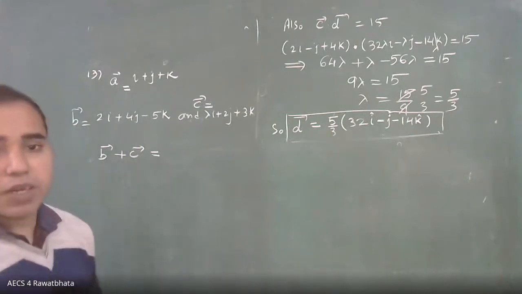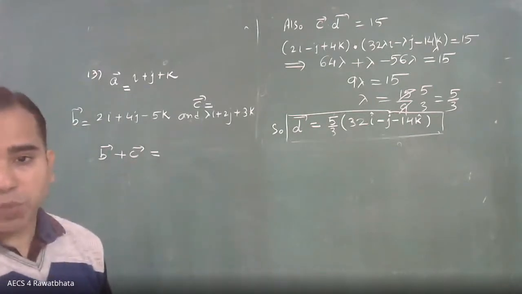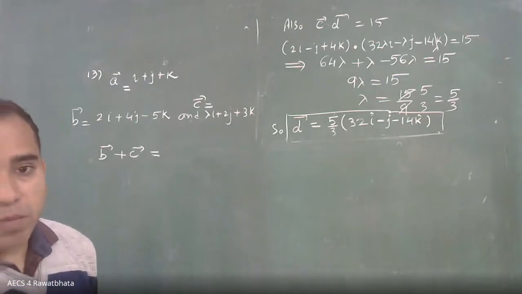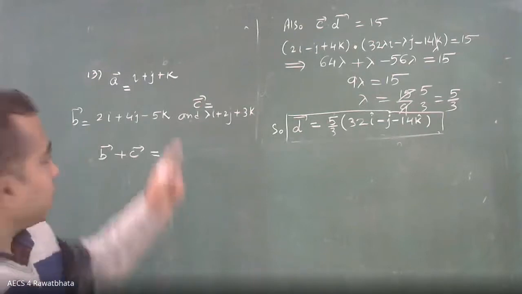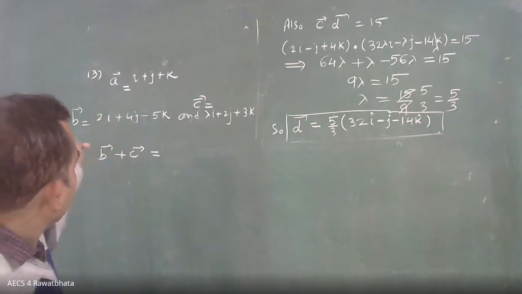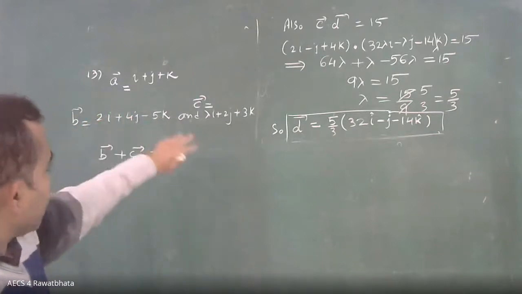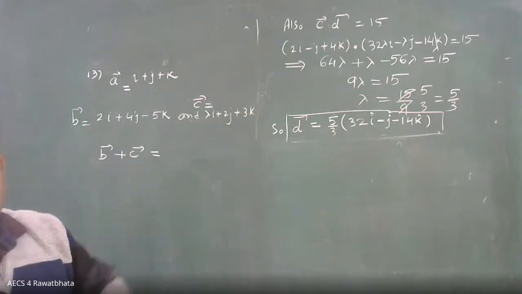If you read the language of the question properly in your textbooks, you must have textbooks in front of you. Scalar product of this vector with the unit vector in the direction of B plus C is given as 1.